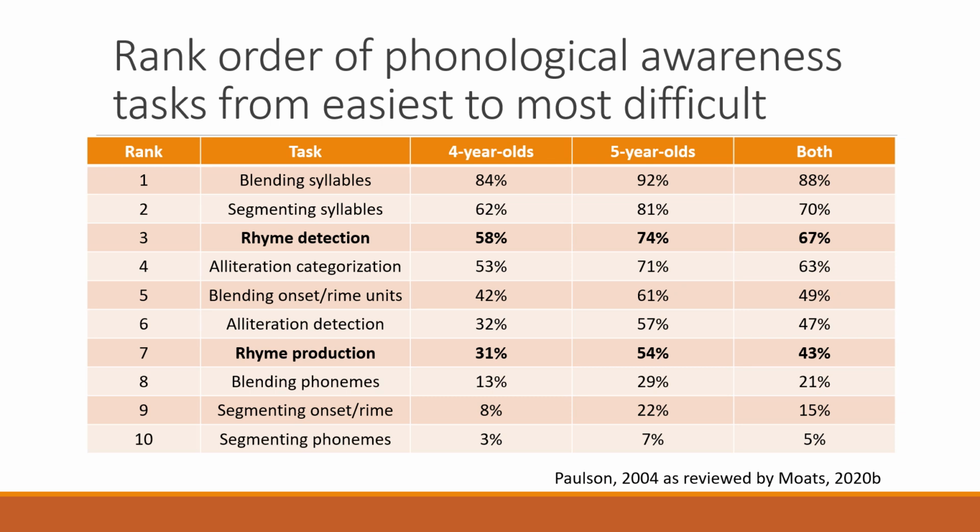In her dissertation in 2004, Lucy Hart Paulson studied the phonological awareness skills of 80 4- and 5-year-old preschool children. She ranked the skills from easiest to hardest based on the age that the skills developed. Her results suggest that rhyme detection or judgment develops before rhyme production.